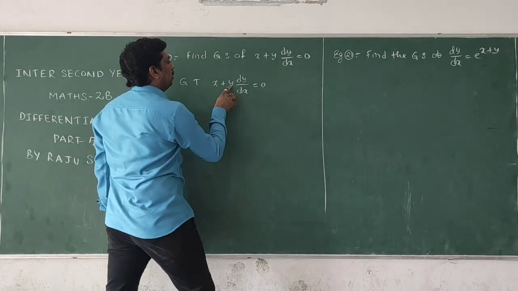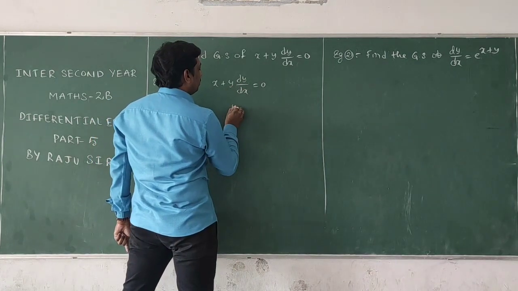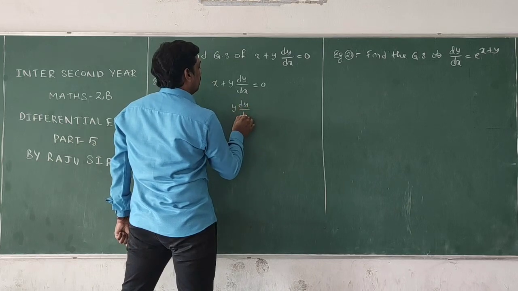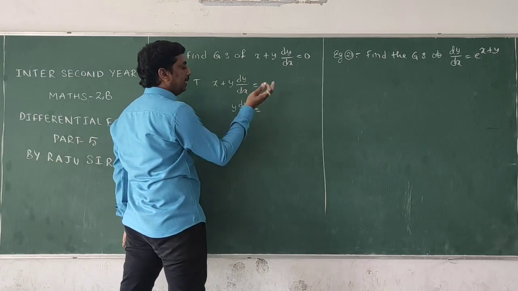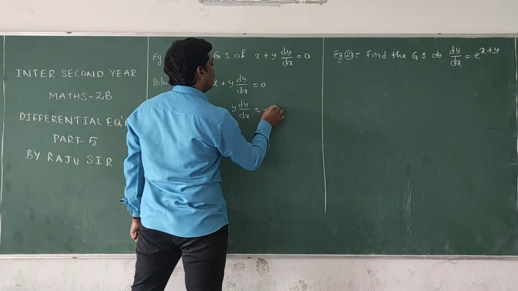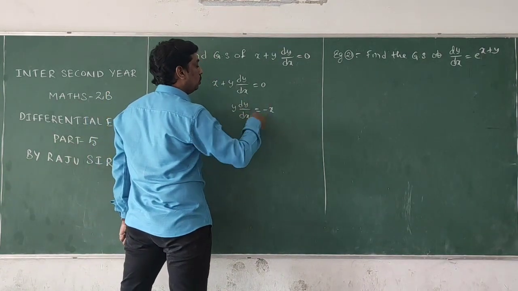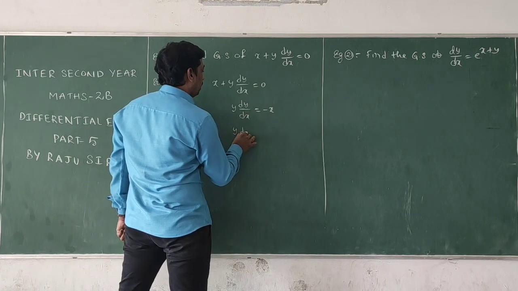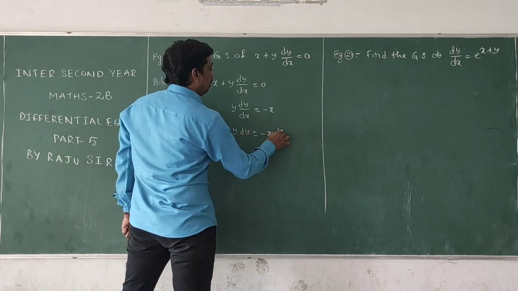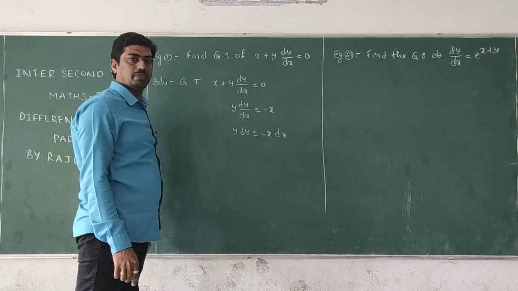Here we have y dy by dx, so keep it in the LHS as is. Take the x term to the opposite side, then minus x. Do the cross multiplication: y dy equal to minus x dx.